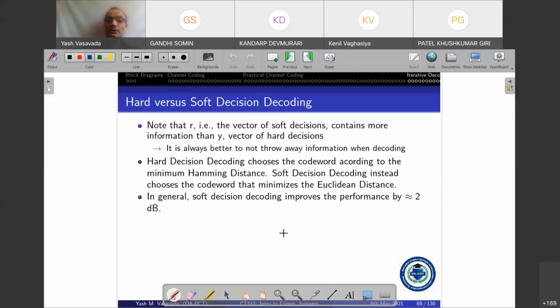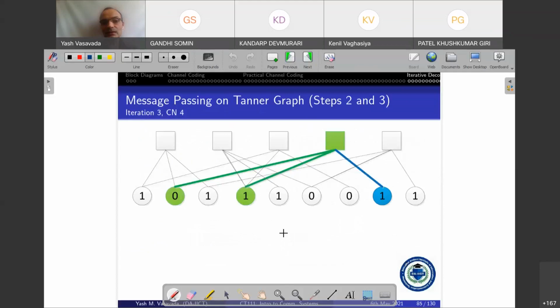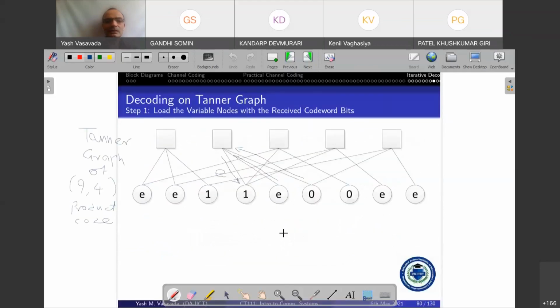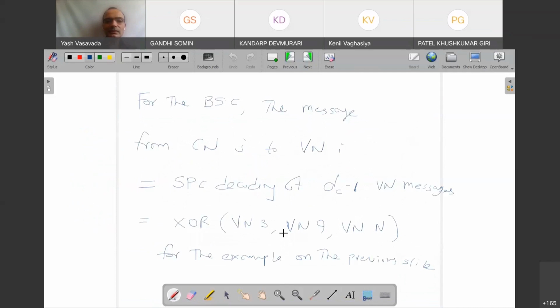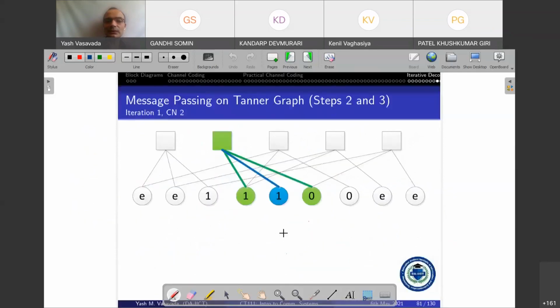But now, instead of passing bits as messages, we are going to pass the beliefs. So there are two slides that we did, right? This slide here, and then the same way this slide. We are going to add two similar slides for the soft decision decoding, or Bayesian decoding.